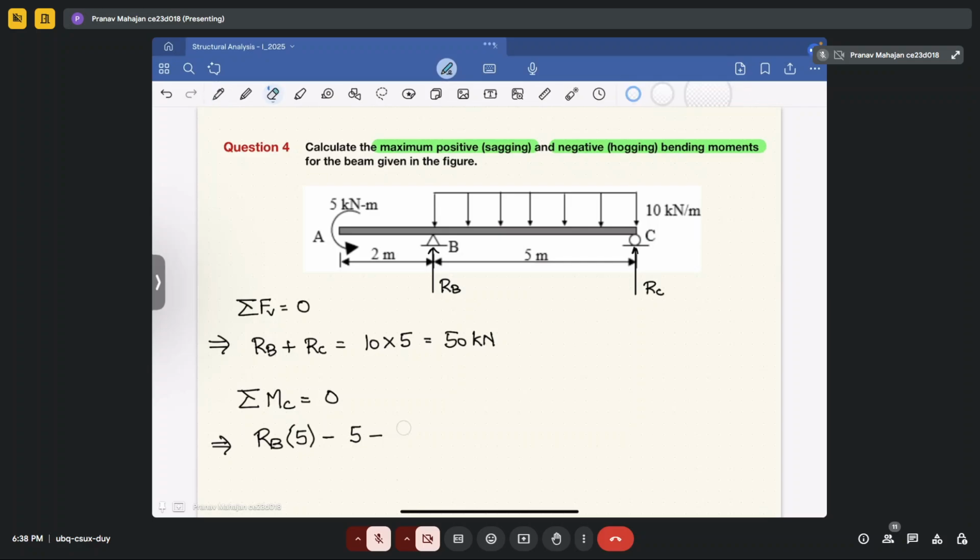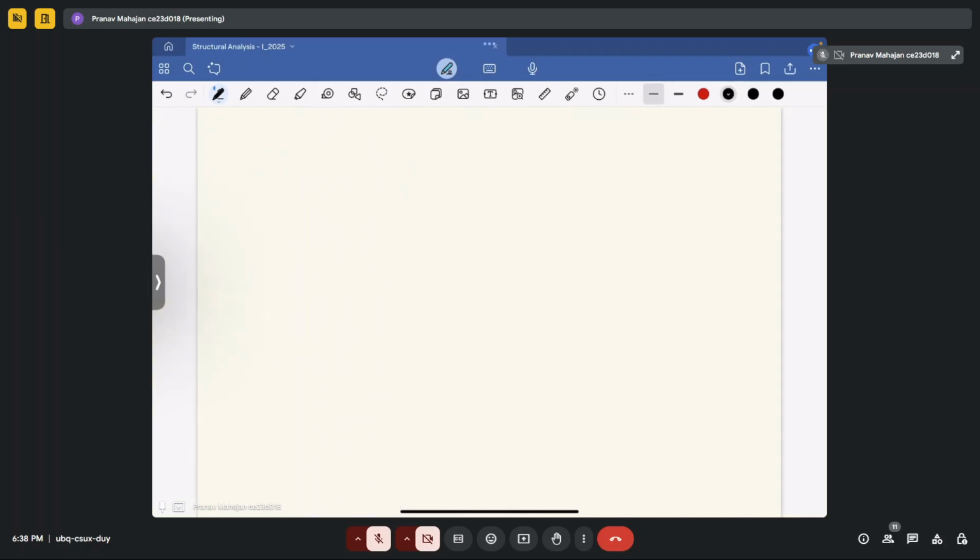It will come out to be 10 kilonewton into 5, and this will act at a distance of 5 by 2 equal to 0. So your RB will be equal to 26 kilonewton.